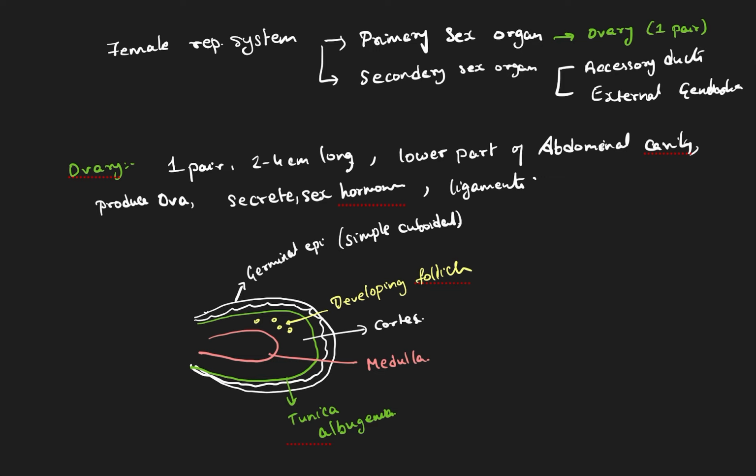This is the cortex, and this is the medulla. I already drew the medulla. These both together are known as stroma. Okay, so this is the structure of the ovary.